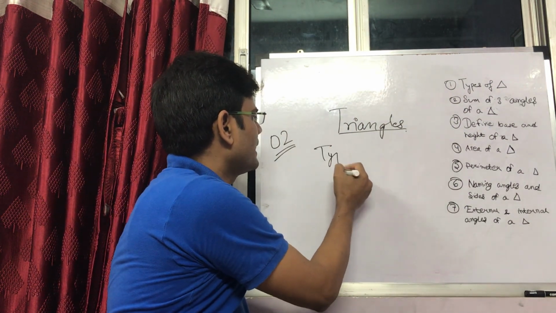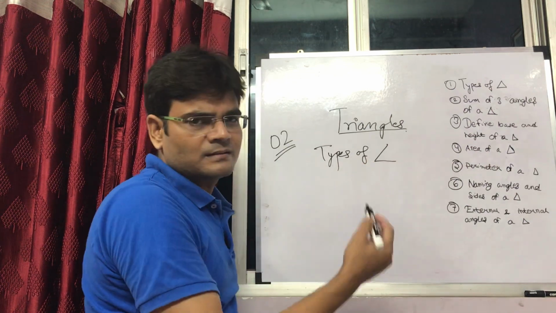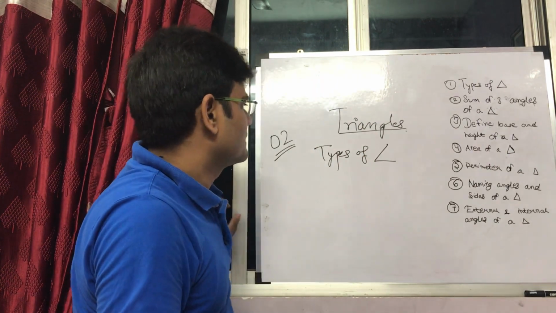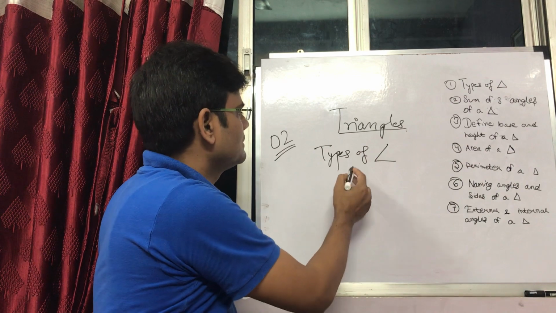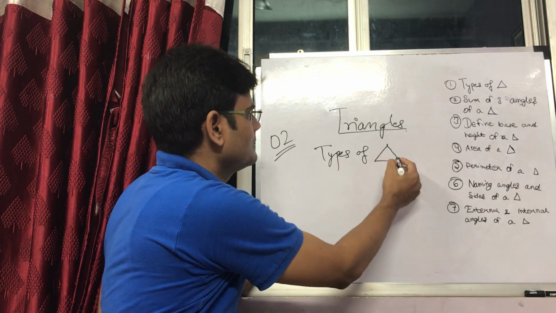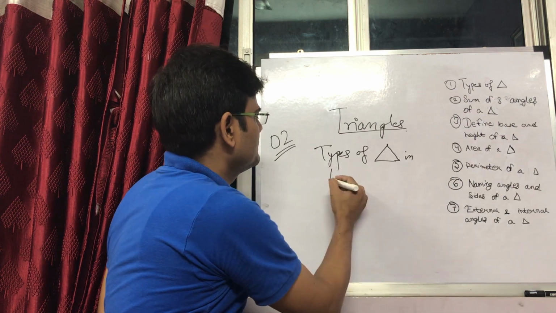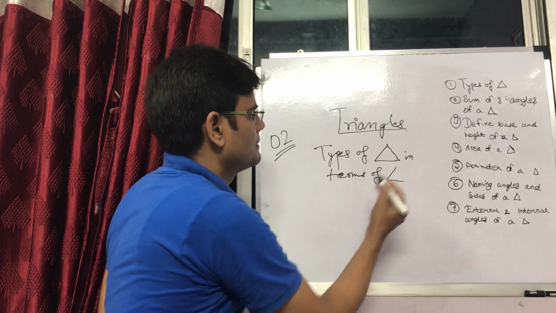Types by angle. This is the way you write angles, so that's why I have not written the whole word. Types of triangle in terms of angle.